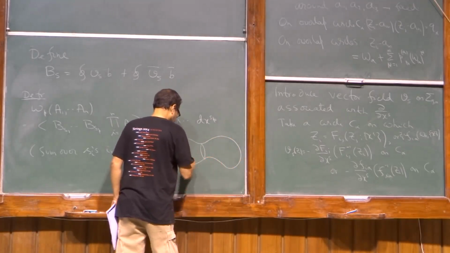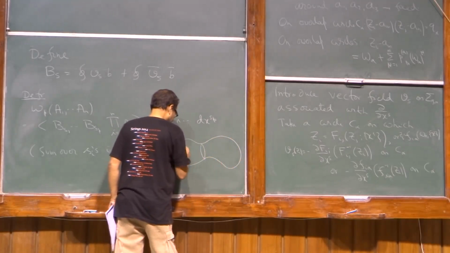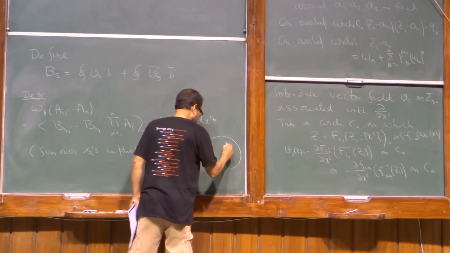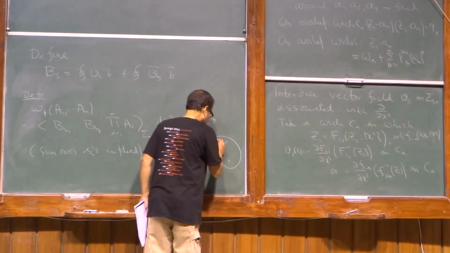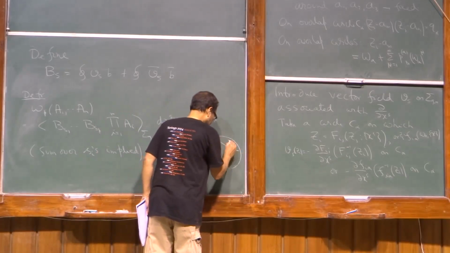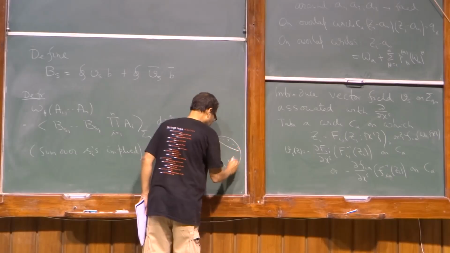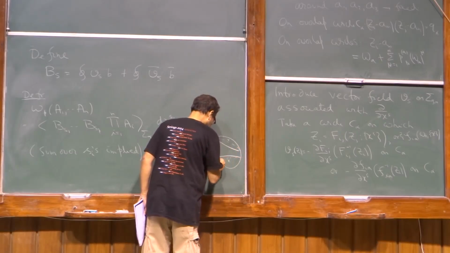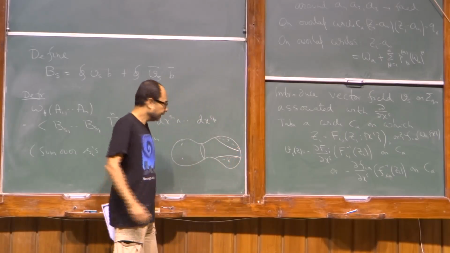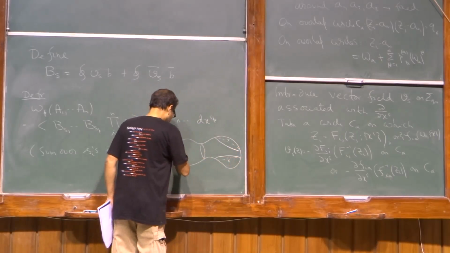See, suppose it's a three-punctured sphere, right? So there are two punctures over here, two punctures over here. Around each puncture you cut out a disk. Here also.